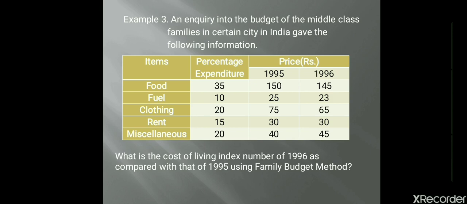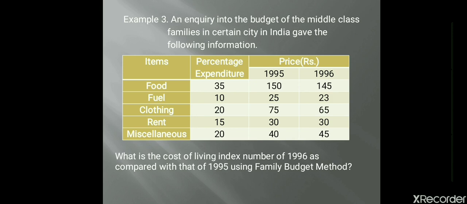The remaining column is percentage expenditure, nothing but we mention it with the notation W. So hope you remember our discussion saying W. The name for it can be percentage expenditure.